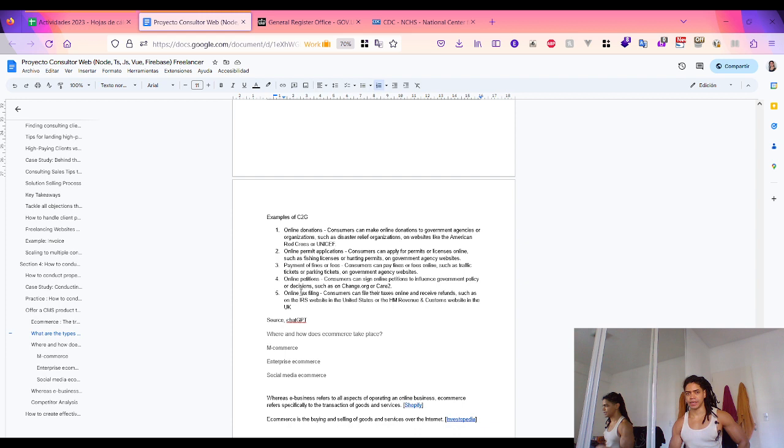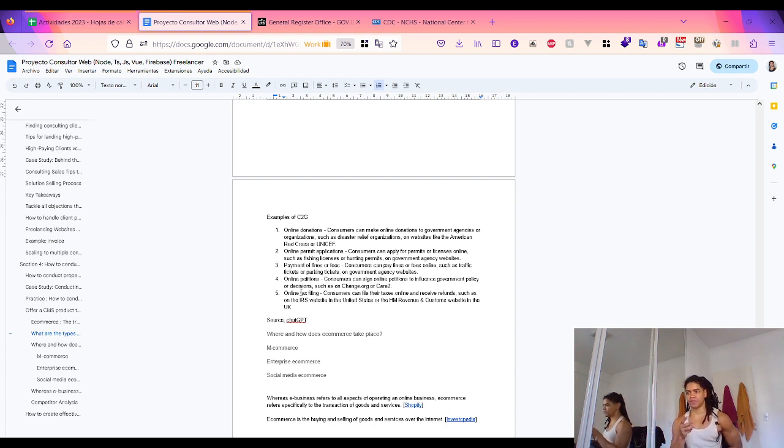Then online permit applications: consumers can apply for licenses or permits, such as a fishing license or hunting permit, on government agency websites.